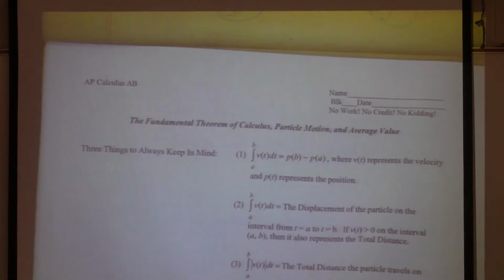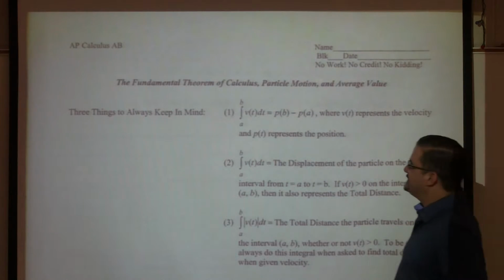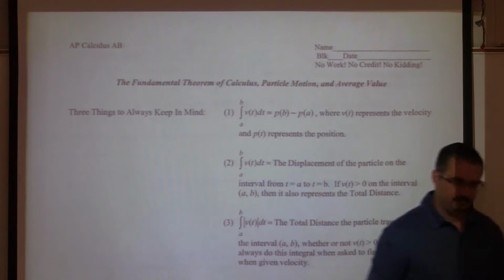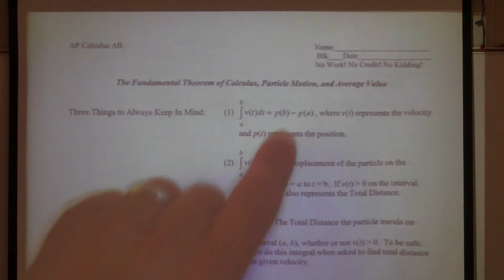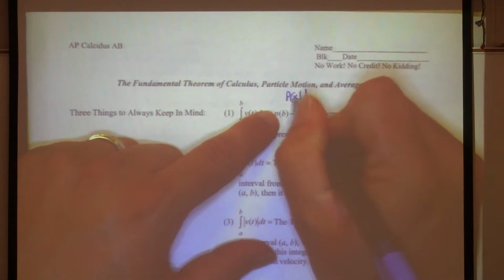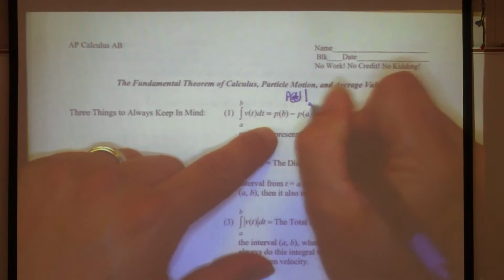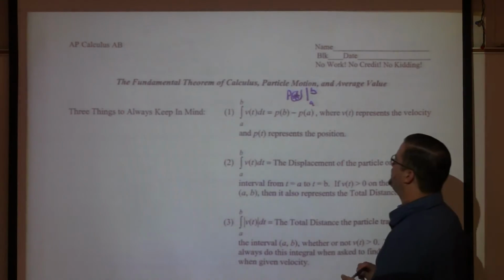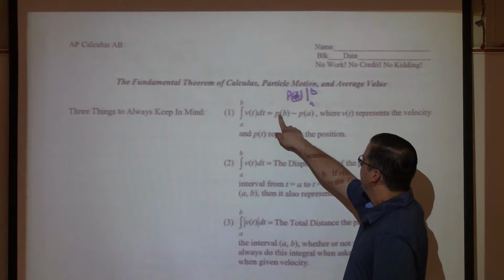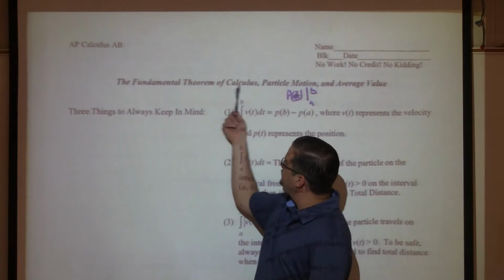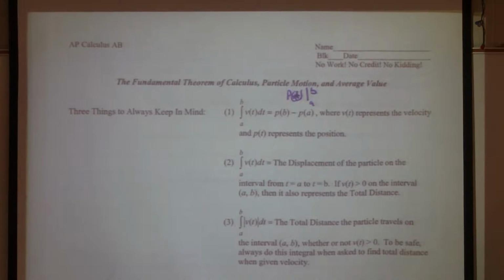Alright, so let's start off with what it says here at the beginning. We know that if I integrate the velocity function, its antiderivative should be the what? Position. The position function, right? So it should be P of T, evaluated from A to B. And if I evaluated P of T from A to B, I say P of B minus P of A, using the fundamental theorem of calculus, right?